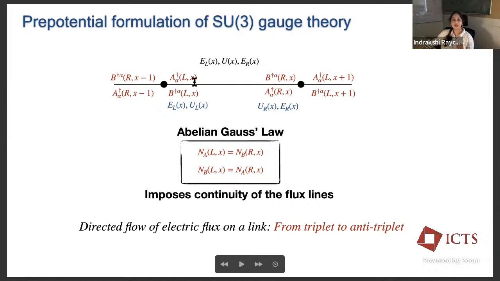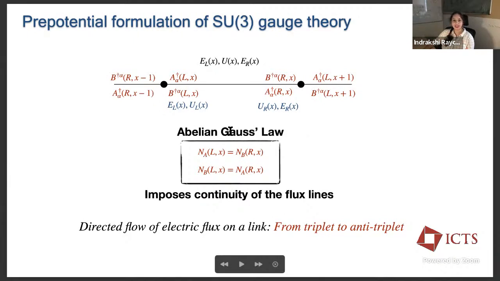So in terms of these variables, one can reconstruct the original canonical conjugate variables and yet obtain the result that this U actually breaks into a left part and a right part. This construction is very much similar to the SU2 prepotential construction, except that these bosons are not ordinary Schwinger bosons, but an involved mathematical construction, which we call irreducible Schwinger bosons.